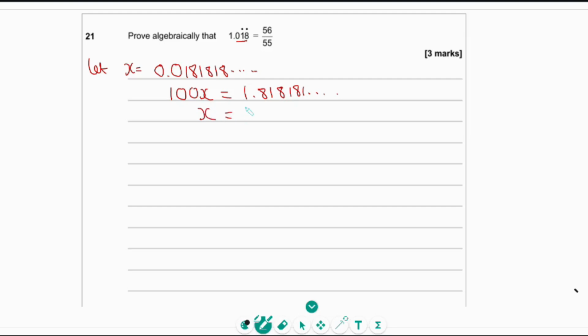Line it up nicely so the decimal points are definitely underneath each other. I'm going to subtract: 100x minus x, 99x. These, if I subtract, would disappear to make 0 from there onwards, so 1.8. Divide both sides by 99. Times both sides by 10.